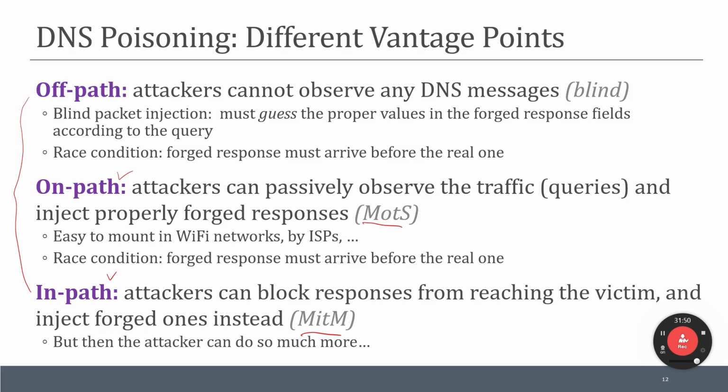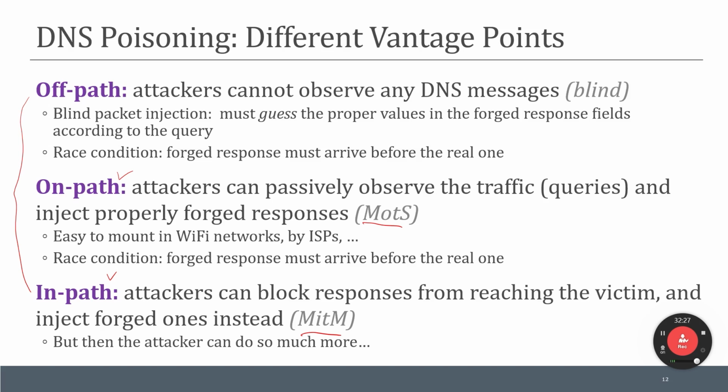So the only thing the attacker can do is to inject blind packets. The best thing the attacker can do is to guess the proper values in the forged DNS response fields according to the query. And it requires a race condition, right? When a user requests a DNS message, the forged response must arrive before the original packet arrives, right?